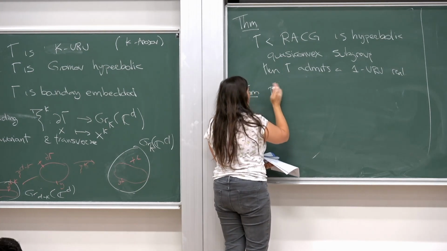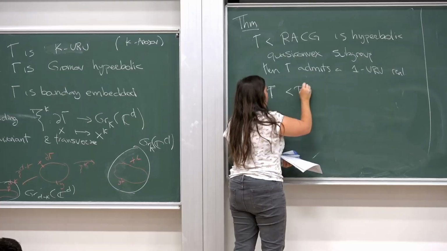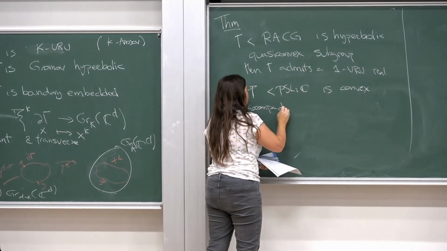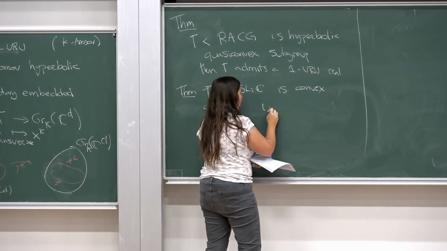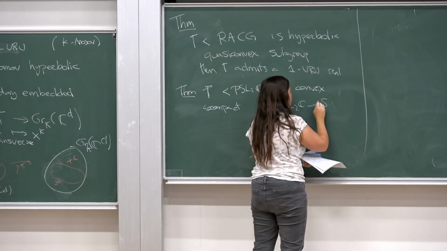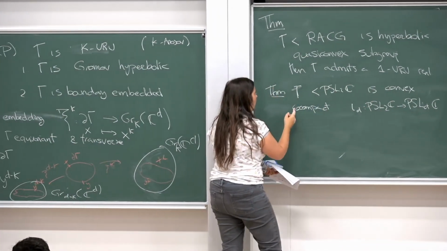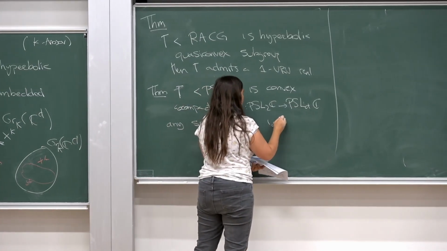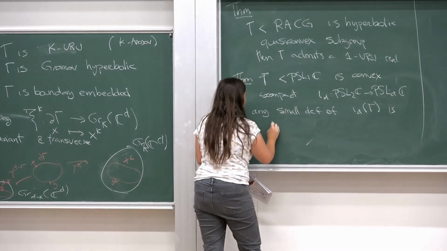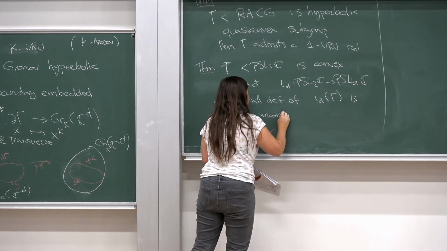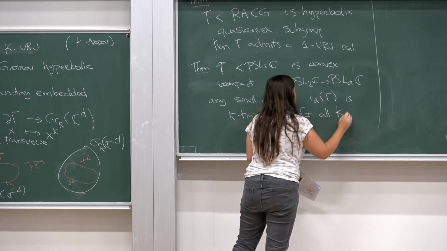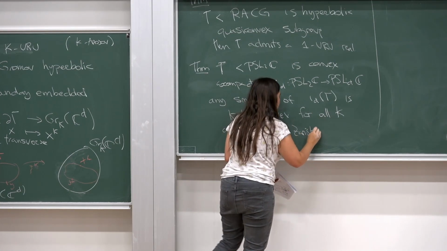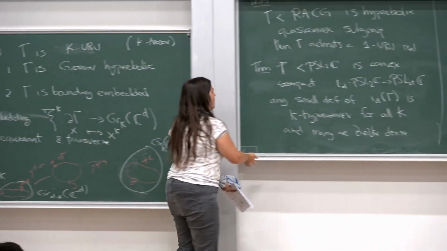An easier result, something that we write in our paper, is that if gamma in PSL 2C is convex compact, and I look at the irreducible representation from SL2C to SLDC, PSLDC, then any small deformation of iota d of gamma is K hyperconvex for all K, and generically this is a deformation of the discrete representation.